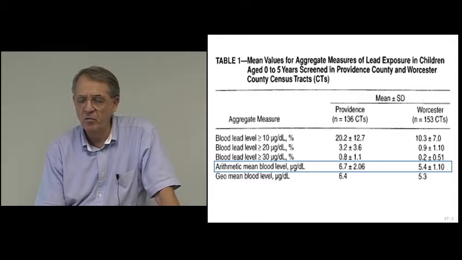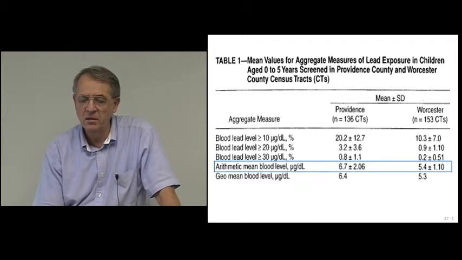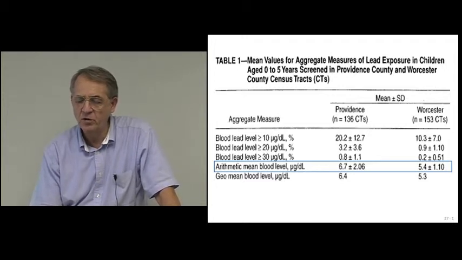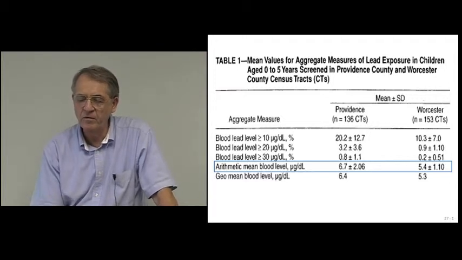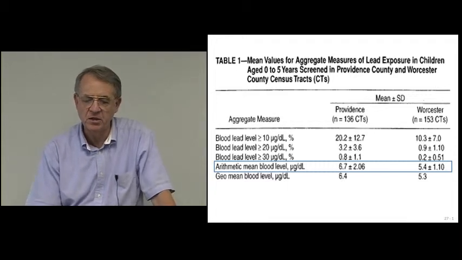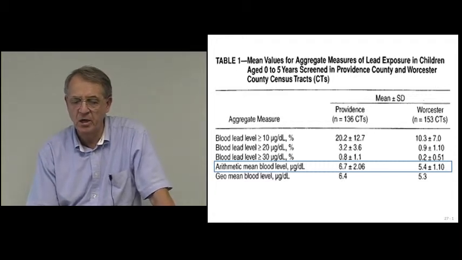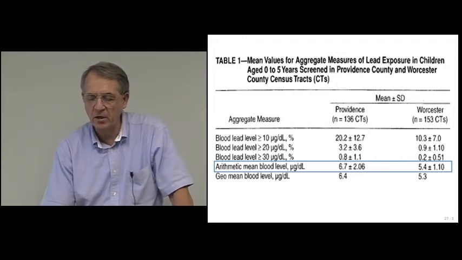I noticed that for Providence, where there are 136 census tracts, and for Worcester there are 153 census tracts. So notice here that the unit of measurement is a census tract and not a particular person, so these are based on aggregate levels.